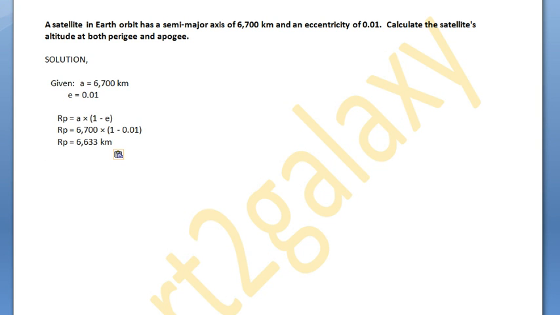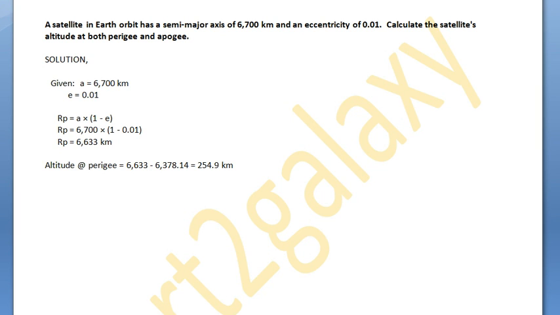So let's calculate the radius of perigee first. Radius of perigee Rp is equal to a, that is the semi-major axis, times (1 − e). So the radius of perigee is 6700 × (1 − 0.01), which gives 6633 km. Now we can calculate the altitude of perigee by subtracting the radius of the Earth from the radius of perigee.